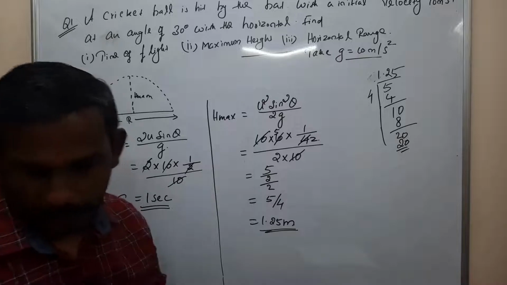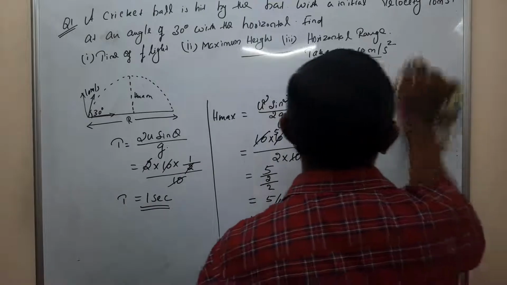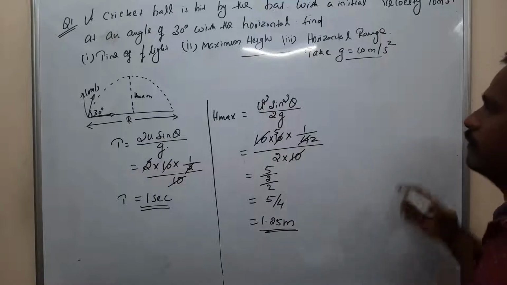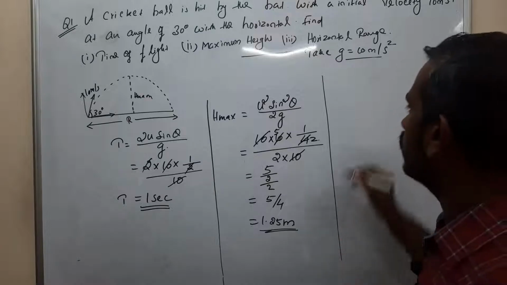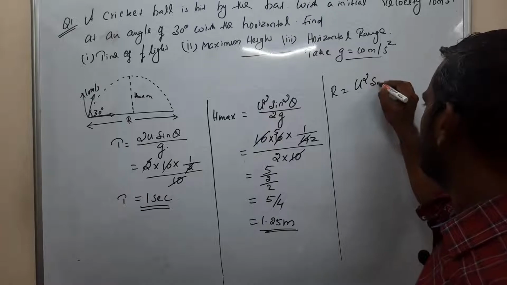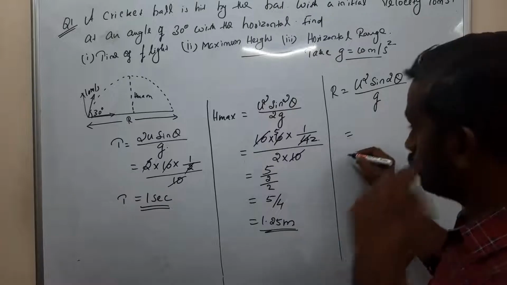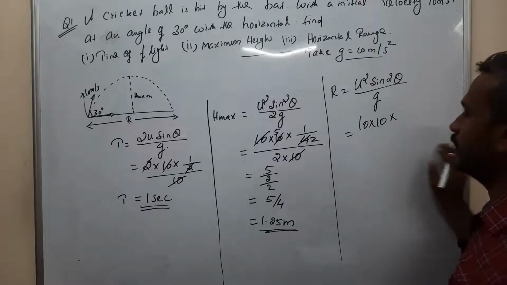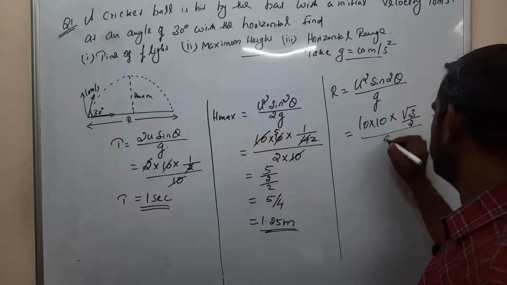Then finally what we have to find is the third one, that is horizontal range. R is equal to, what is the formula? R is equal to u square sin 2 theta divided by g. u square is 10 into 10, into sin 2 theta, that is sin 60, that is root 3 divided by 2, divided by g.